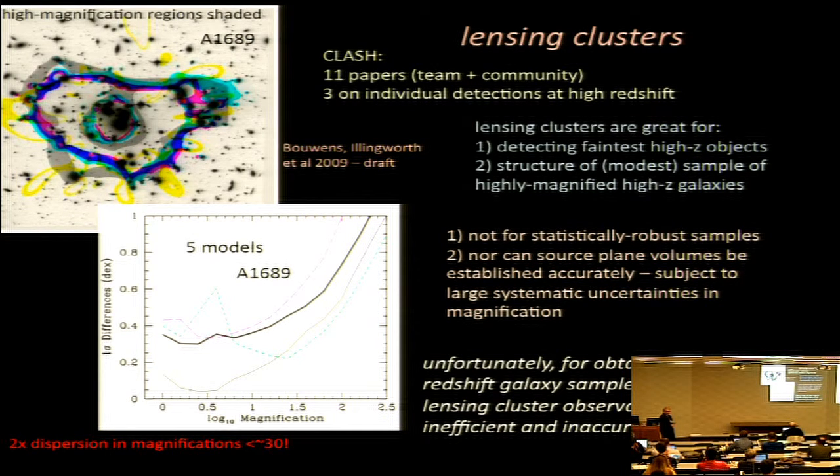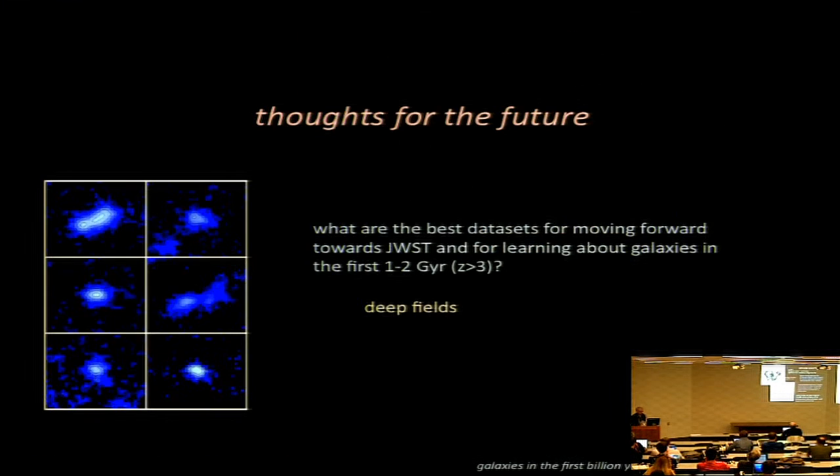And there's a lot of people who make very strong claims about this, which is unfortunate. I love this stuff. It's great, but I think we need to be very honest and open about what it is that you can use certain techniques for. And this is not to be used for significant samples of high redshift galaxies where you need accurate volumes, with the current technology and modeling.